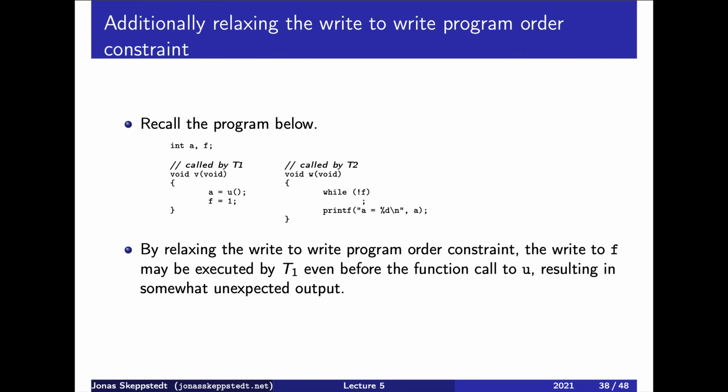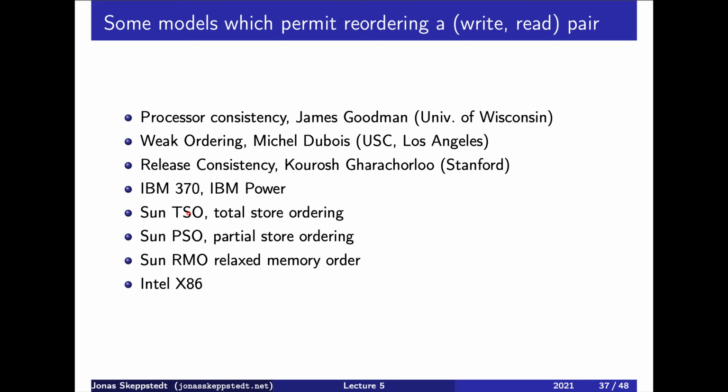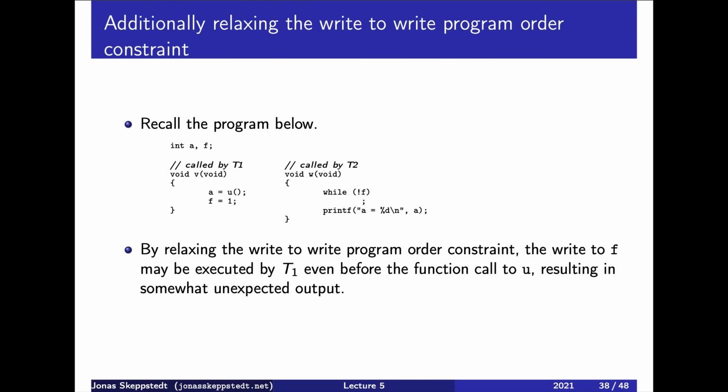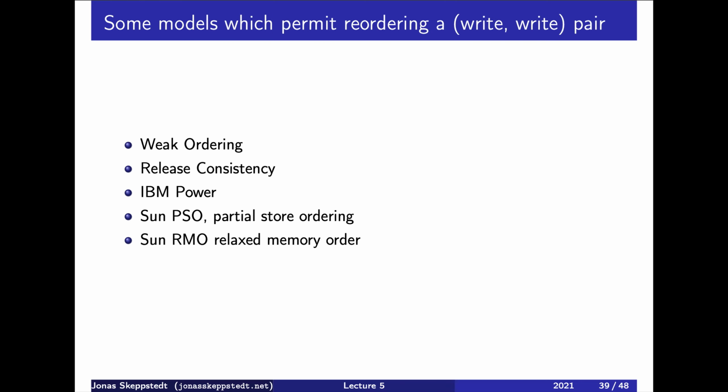The total store ordering, clearly, does not allow it, since that's the point of the total store ordering, to not reorder them. And what we can see here is that Intel does not allow this, which means if we have written a program for Intel, it might work on Intel, but not on a more sophisticated relaxed memory model, such as used in Java or C or C++.